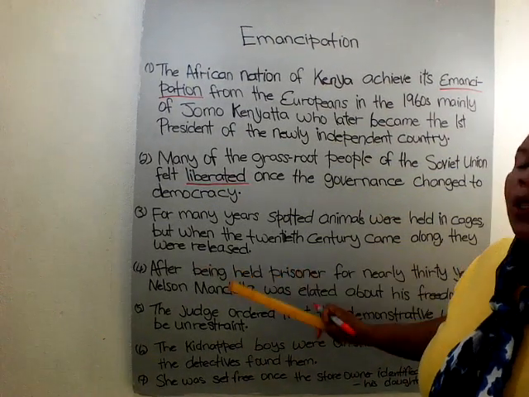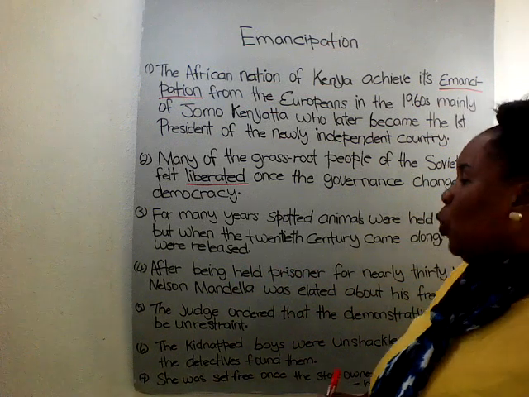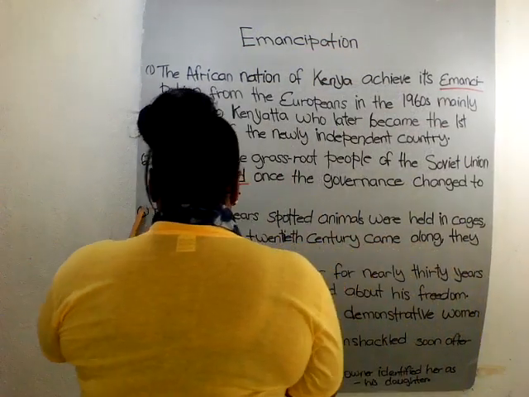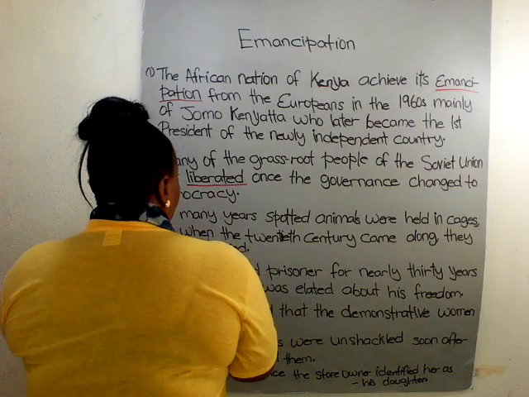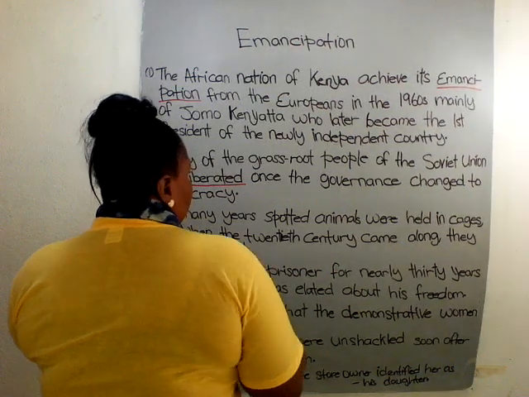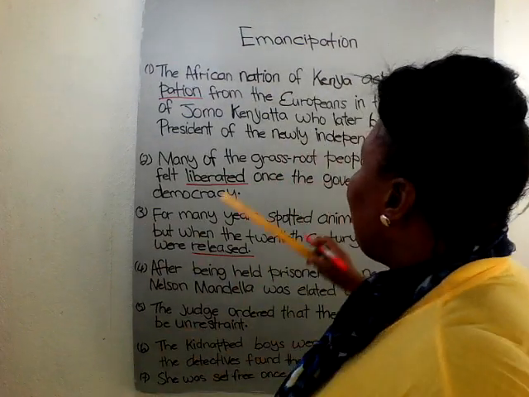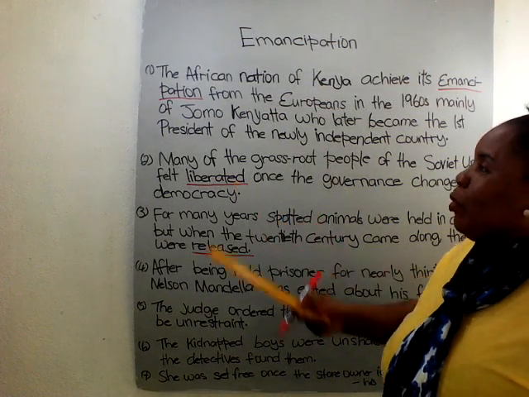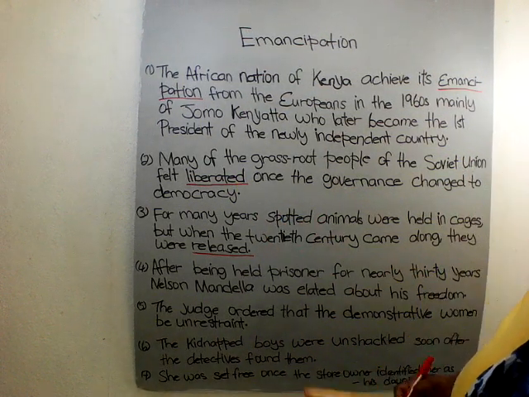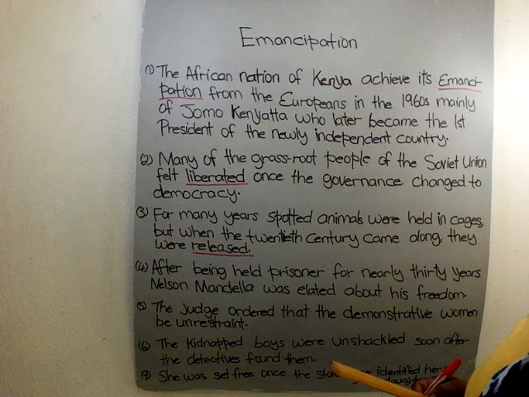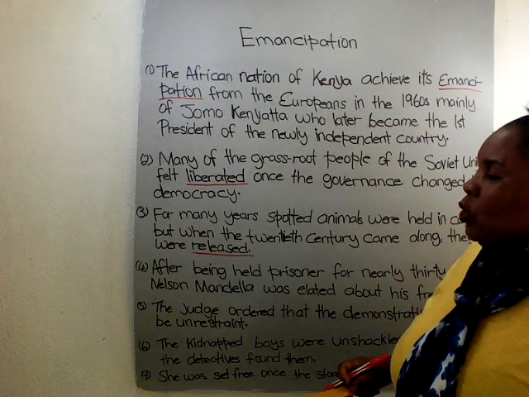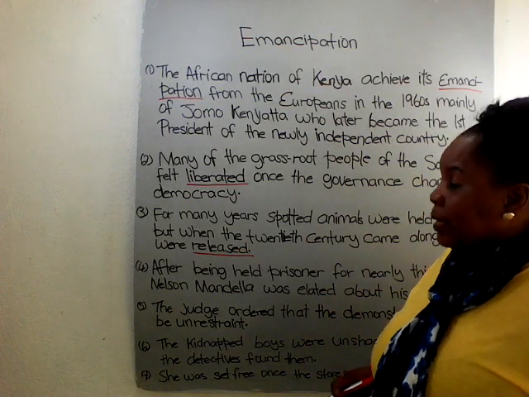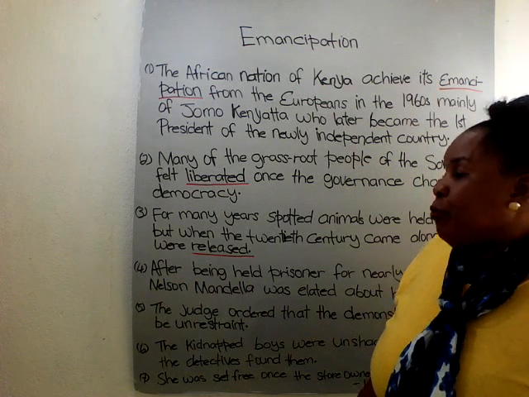If you have chosen the word release, you are correct. Released. So they were what? Emancipated. They were released. They were liberated. Alright, so we see how we're binding this word emancipation together with these different sentences. Let's look at number 4.